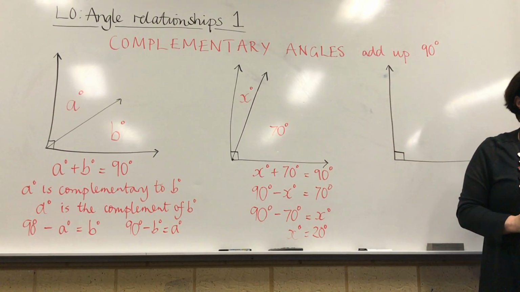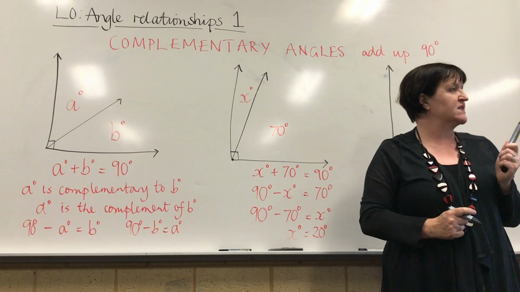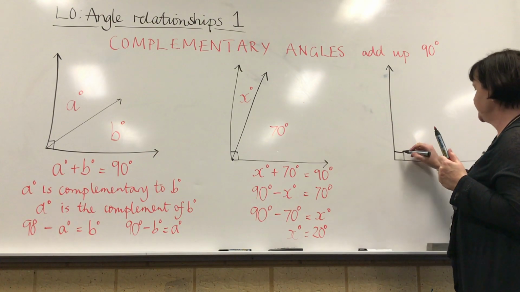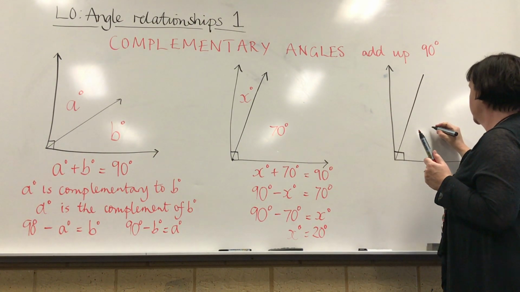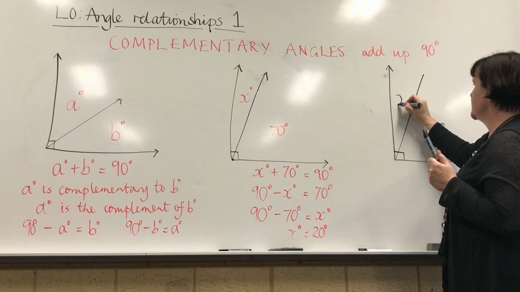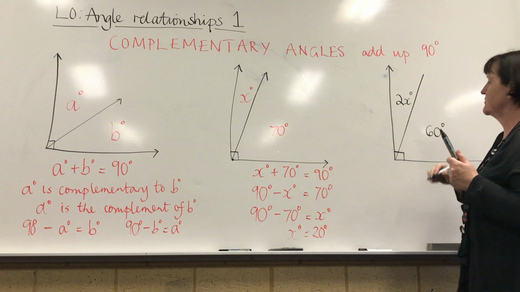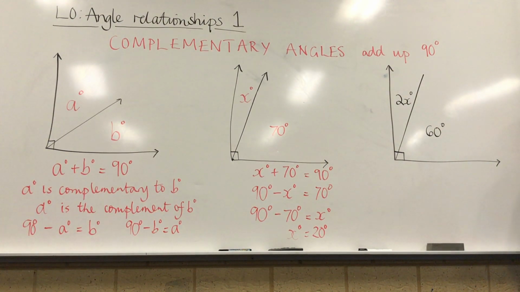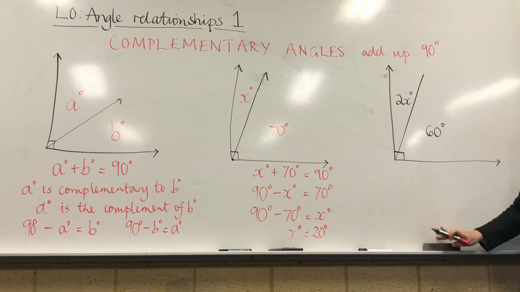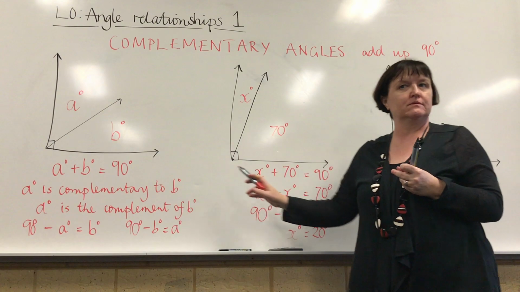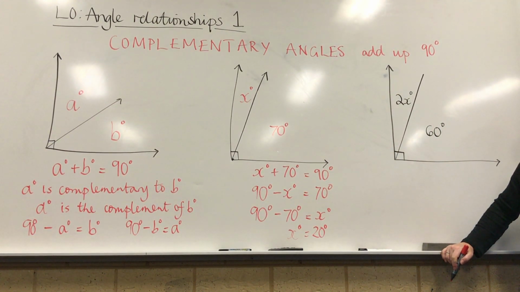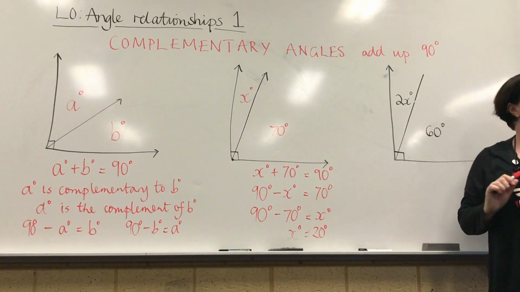Now this one's a little bit more complicated because we're starting to add in a little bit more algebra, okay? So we're going to have 60 degrees here, and this is 2x. Two lots of x. So, look at what we did in these ones, and who might be able to give me an equation about those complementary angles?